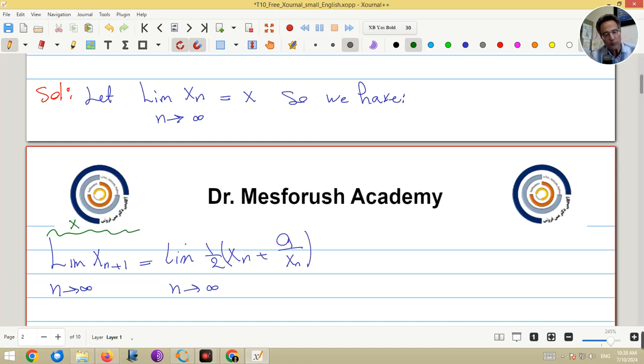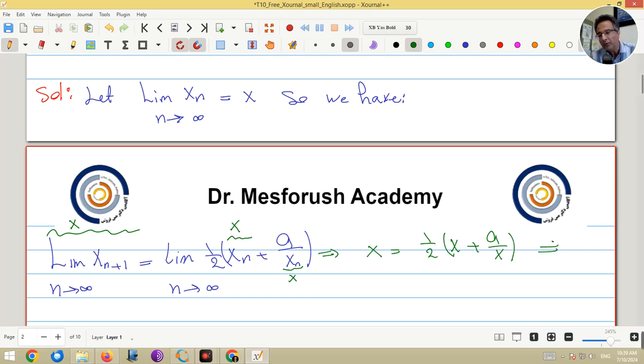If you bring the limit inside the parentheses, you will have x for this limit and also x for this limit. So finally you get x on the left hand side and 1/2 (x + a/x) on the right hand side.